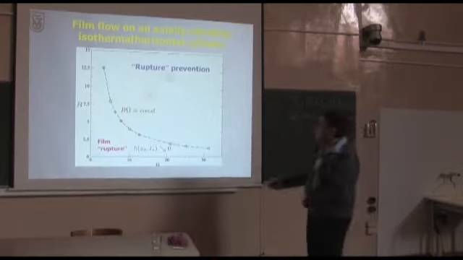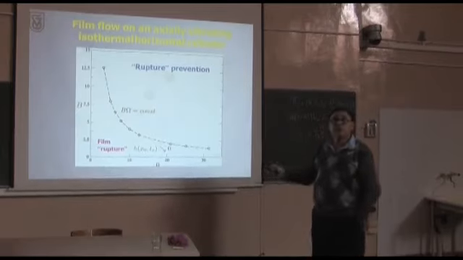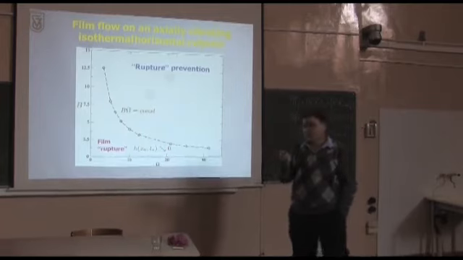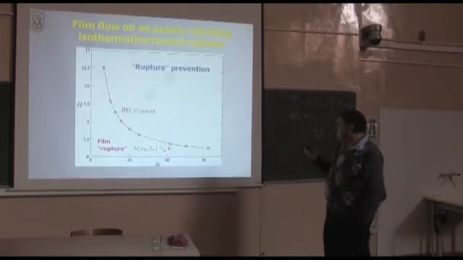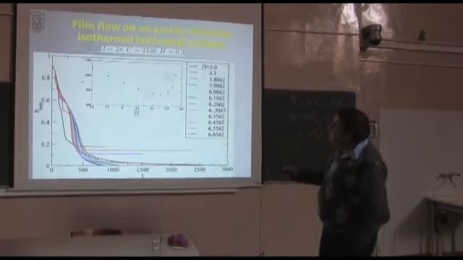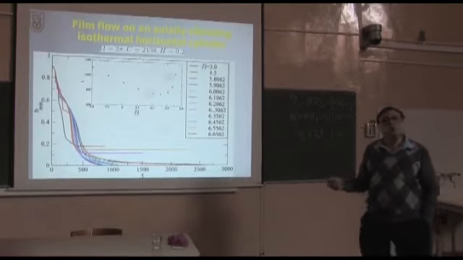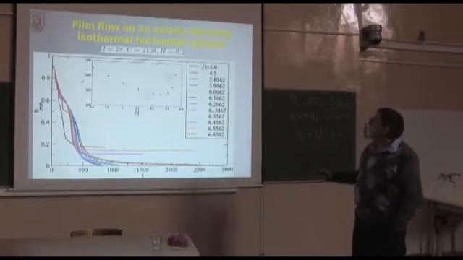So basically, if you exceed this constant value, you save the continuity of the film. Okay, so how does it look? It looks like this. What you see here is again the temporal dependence of the minimal thickness of the film, for, okay, everything is fixed.